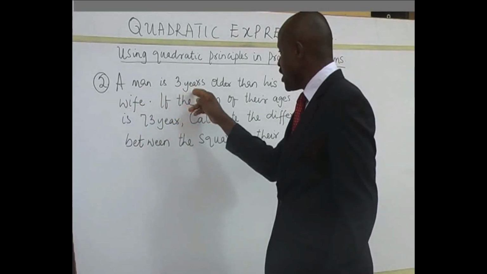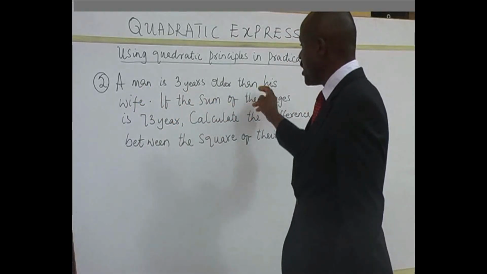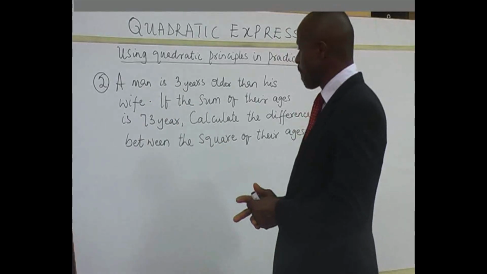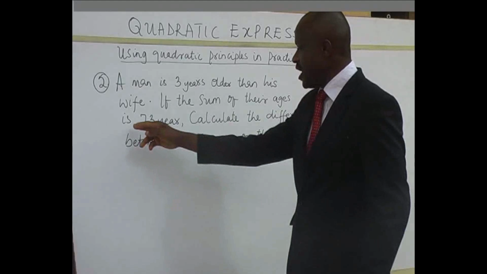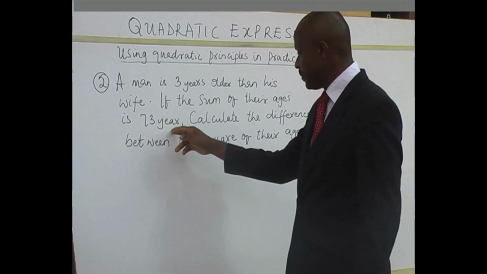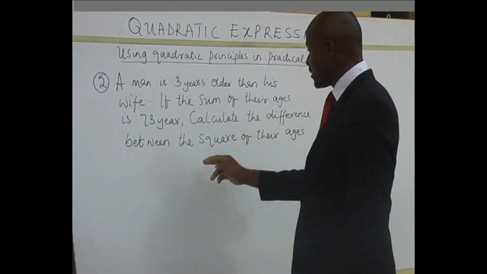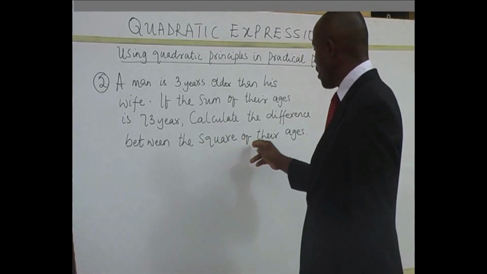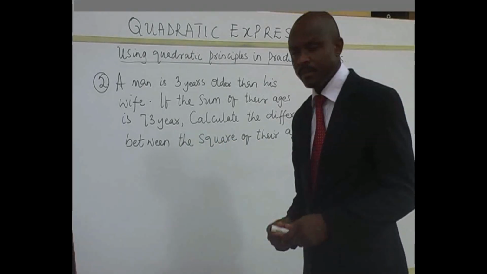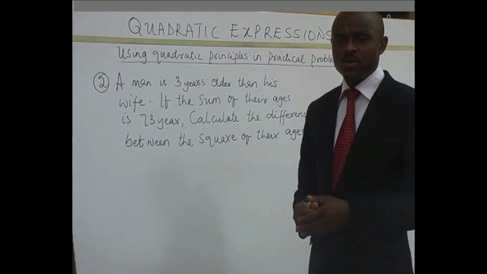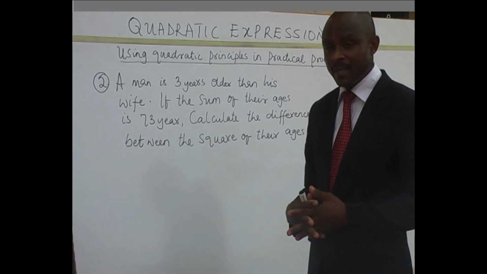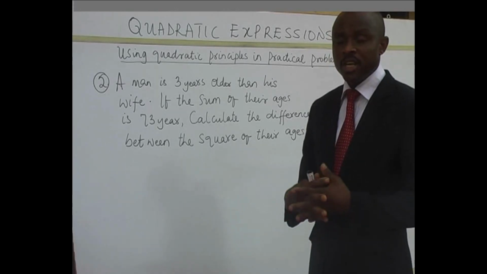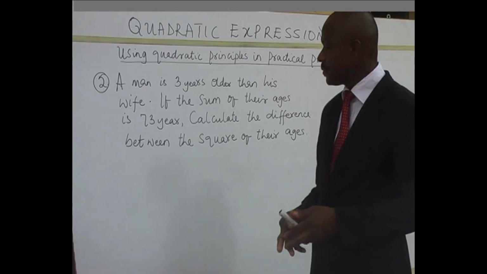Question number 2. A man is 3 years older than his wife. If the sum of their ages is 73 years, calculate the difference between the square of their ages. In this case, we first of all calculate what the value of the age of the man and that of his wife is.